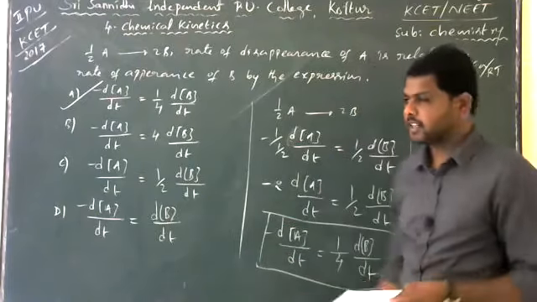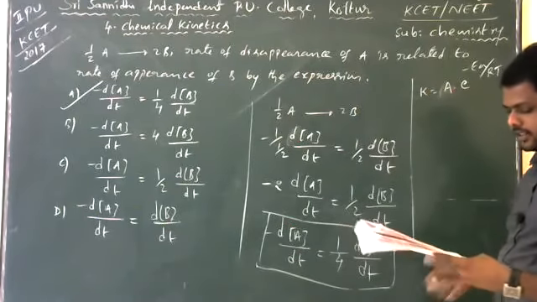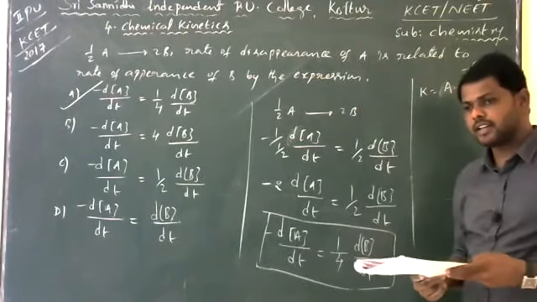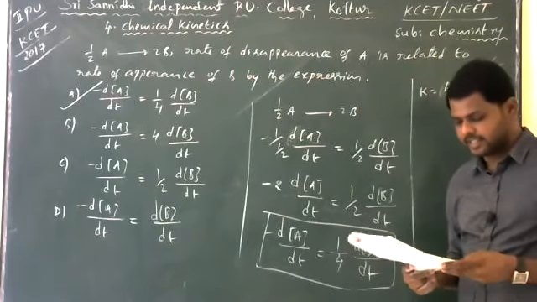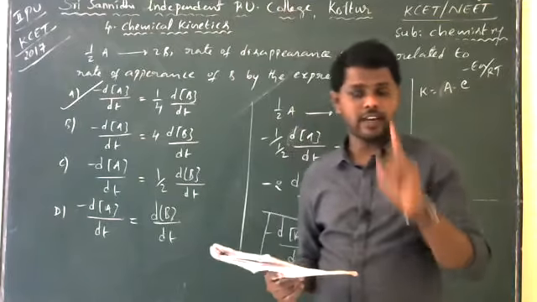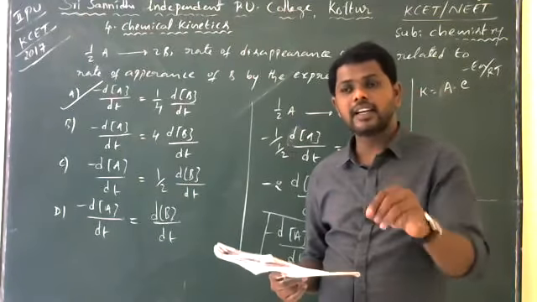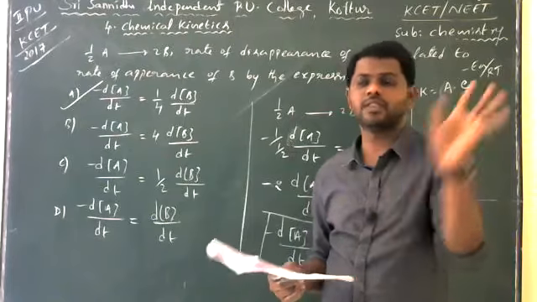You must remember one point about the Arrhenius equation: on increasing temperature or decreasing activation energy, the rate of reaction increases. The rate of reaction increases with increasing temperature, and with a decrease in activation energy the rate of reaction also increases.